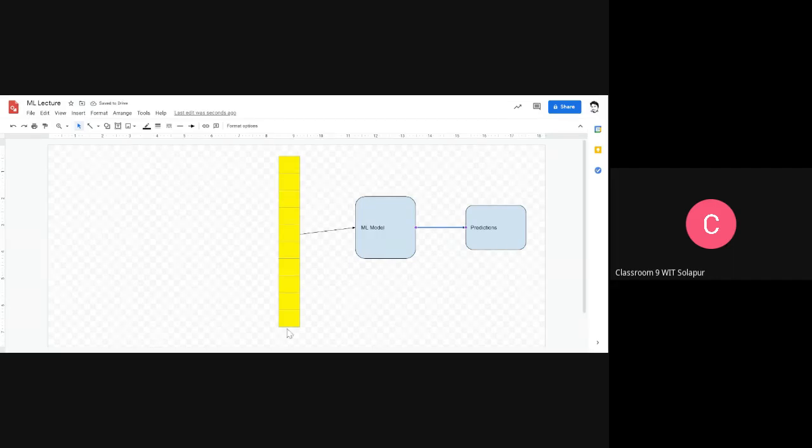Generally, it is a practice that this data set is split into a train data set and a test data set. Under training, we have a further split of train and validation. But right now we will not talk about validation.